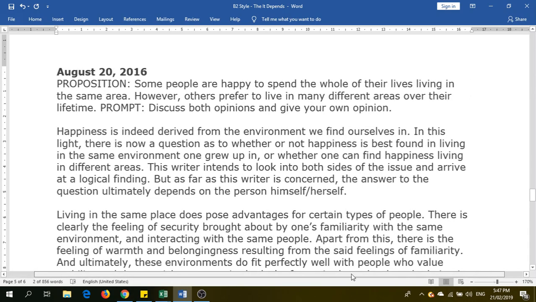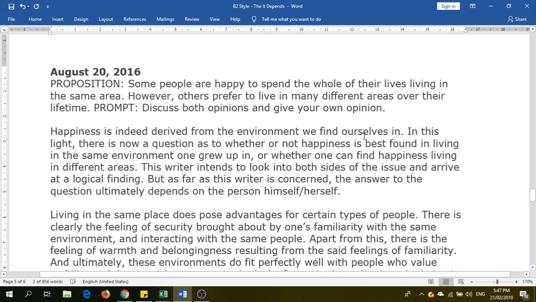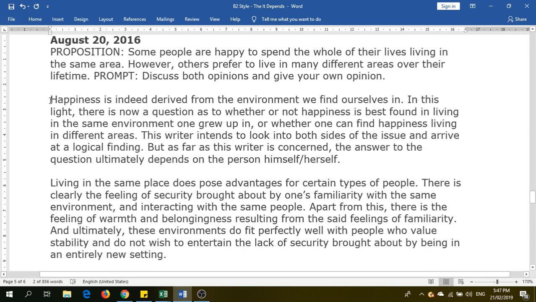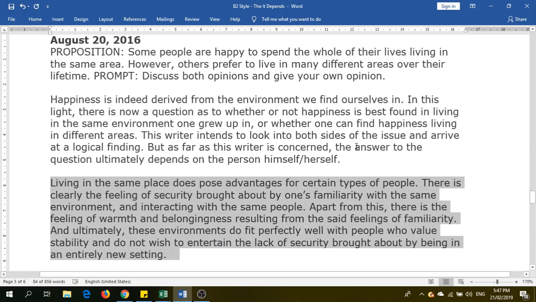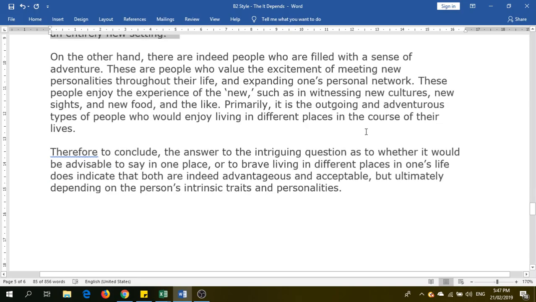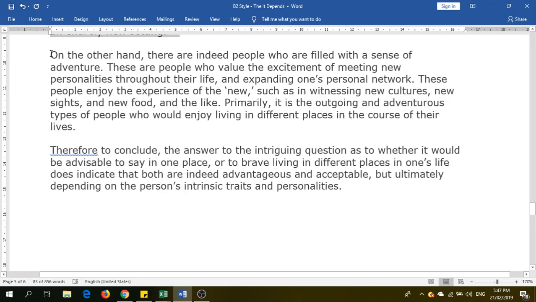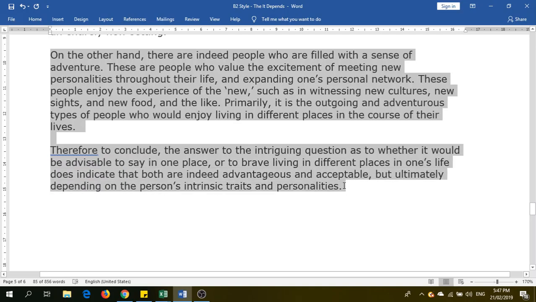So there's the proposition over there, there's your introduction over here, and this is your first body paragraph over here. And then we now cross over to the second body paragraph over here, and then we now conclude accordingly. That is now the it depends style.